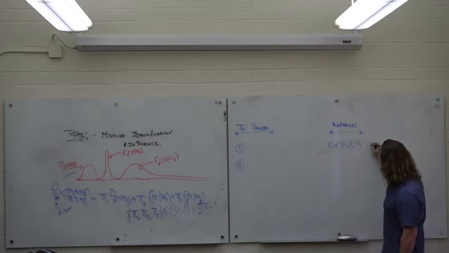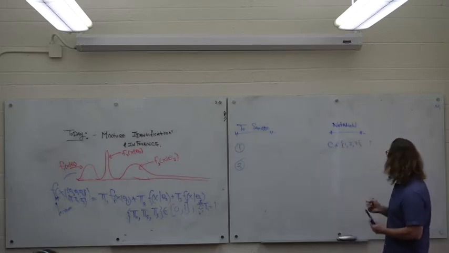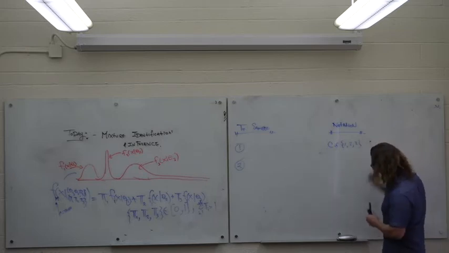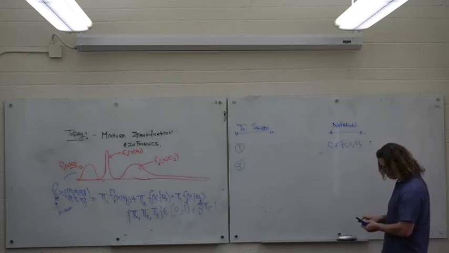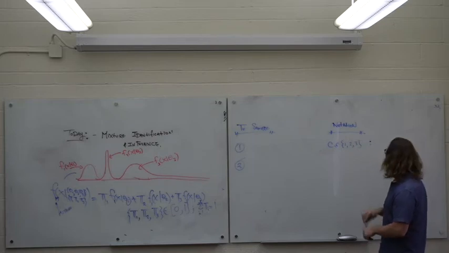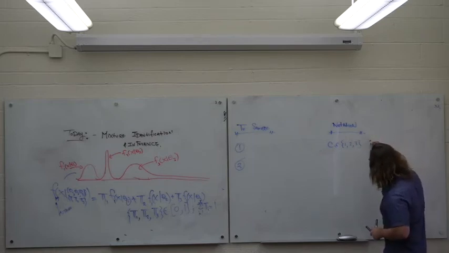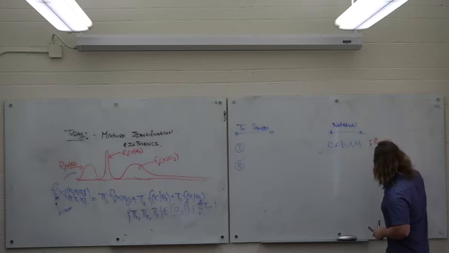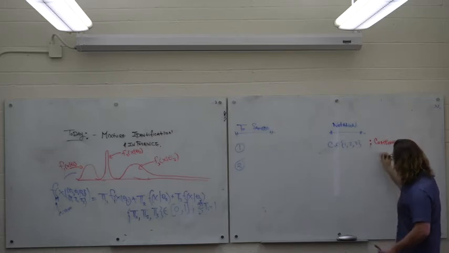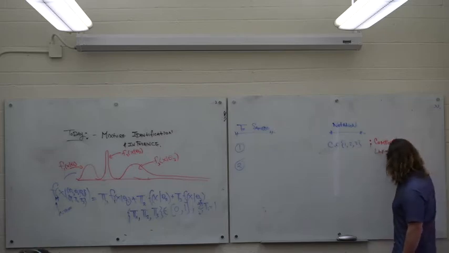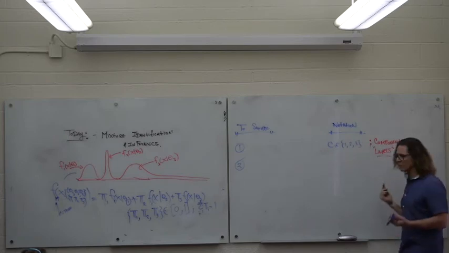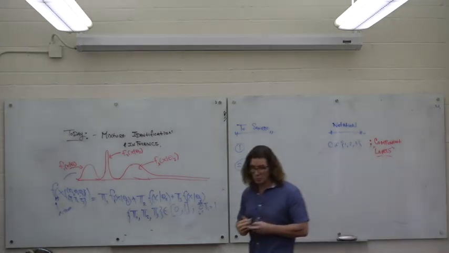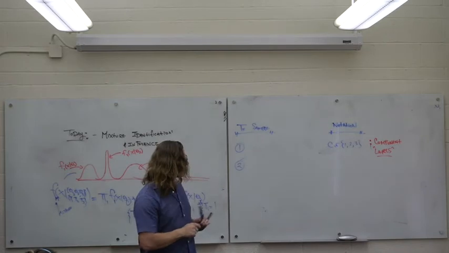So this is going to be the component number. I'm going to call this the component. Some people call these labels. But basically they're the labels in the problem.